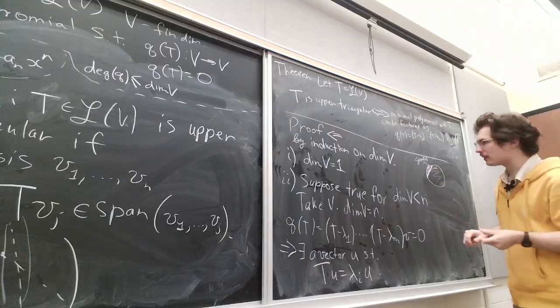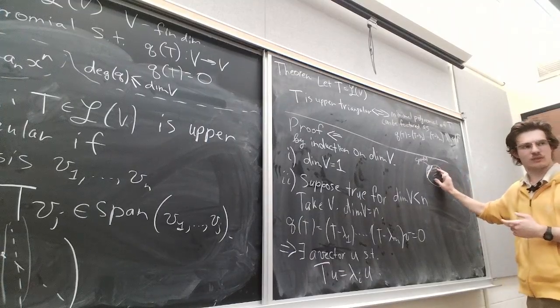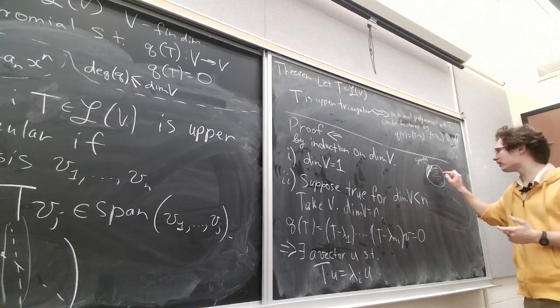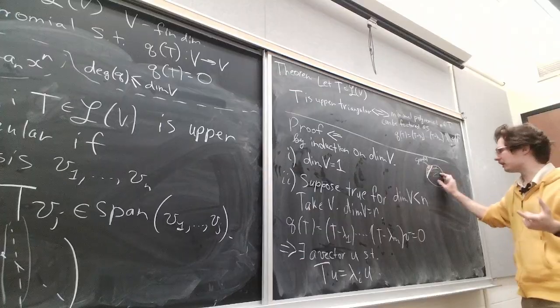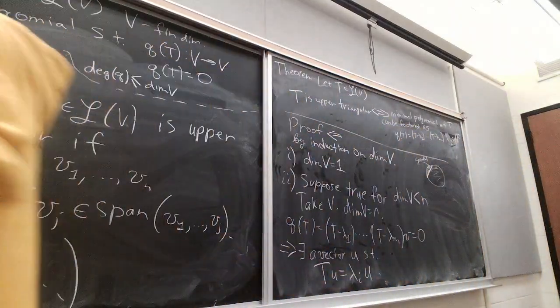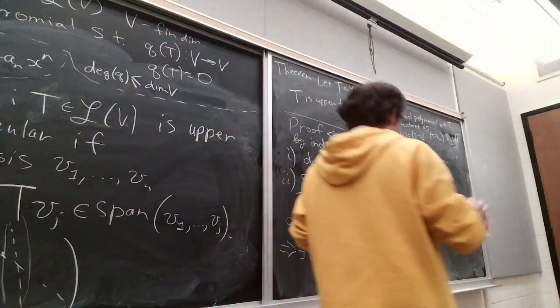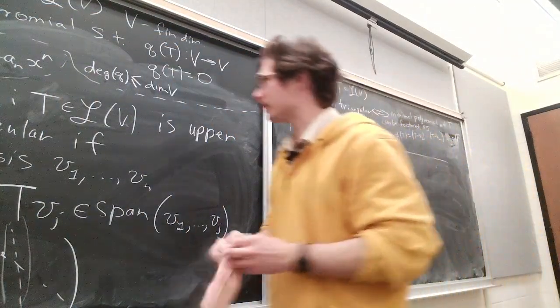The problem is, we don't know that T necessarily restricts to this other part. Maybe T takes something and sends it to something with u, from here to here. So we can't quite do this. We have to be more clever about it, and the way to be more clever is very similar to what it was before.